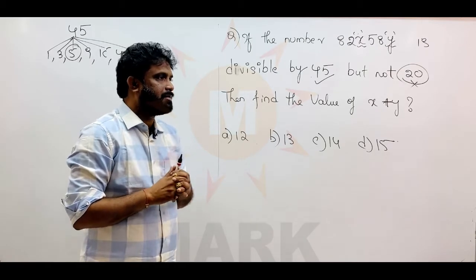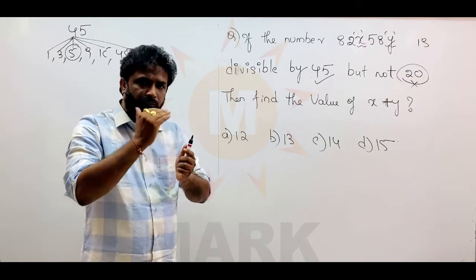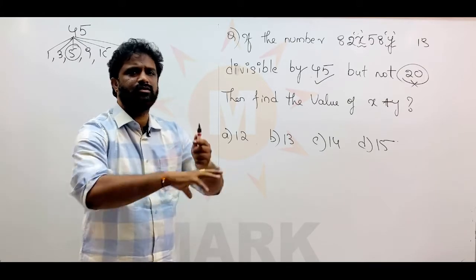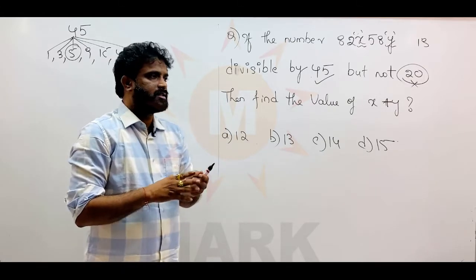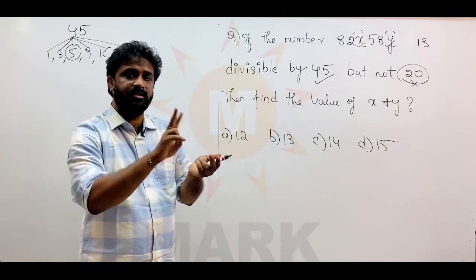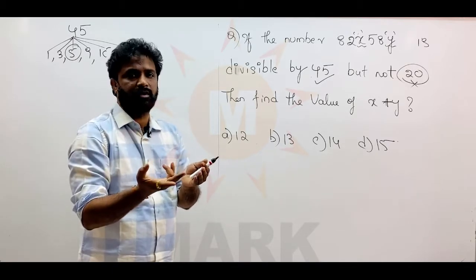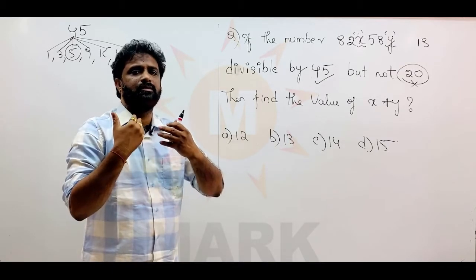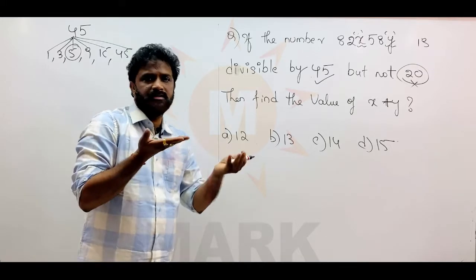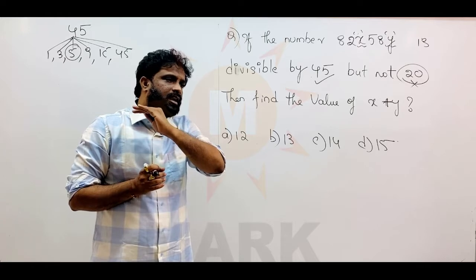For example, if a number should be divisible by 2, the last digit can be 0, 2, 4, 6 or 8. So there are many conditions available. Suppose for 4, you take the last 2 places zeros, or 4 can be there, or multiples of 4 also can be there. Suppose if you take the divisibility conditions for 5, last place 0 can be there or 5 can be there. So I will take such a number where there is no controversy.